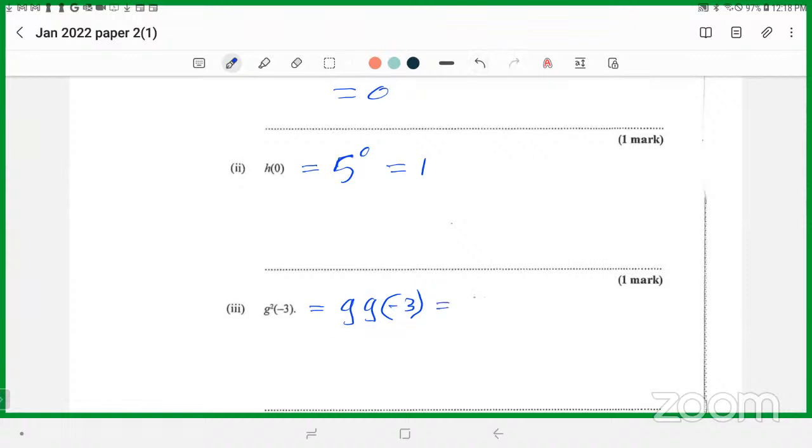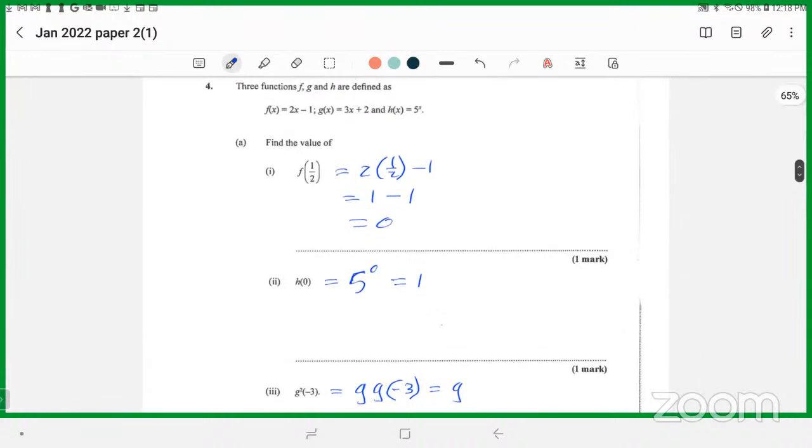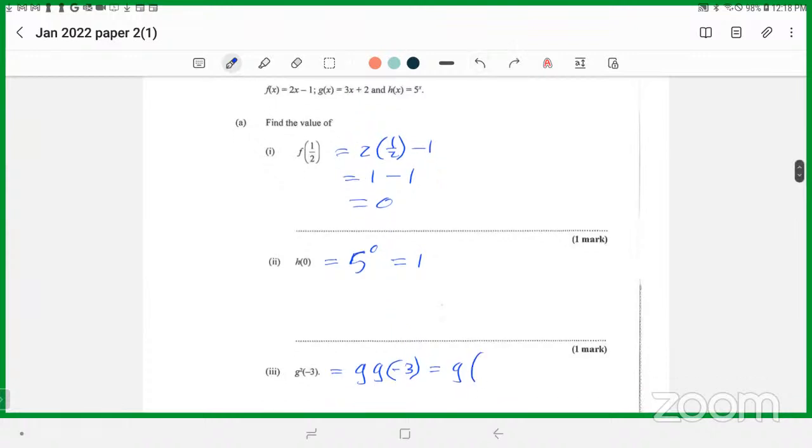It becomes equal to g of, now the g of negative 3 means that we're going to put negative 3 in the g function right here, where the x is. And so it's going to become 3 times negative 3 plus 2 inside that bracket. That's negative 9 plus 2, which is negative 7.